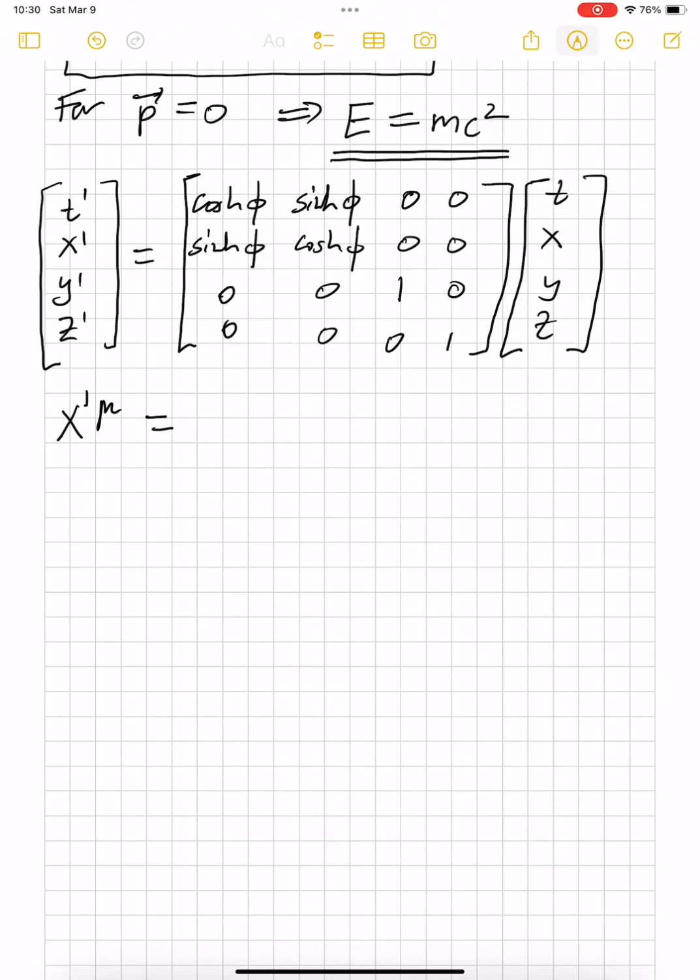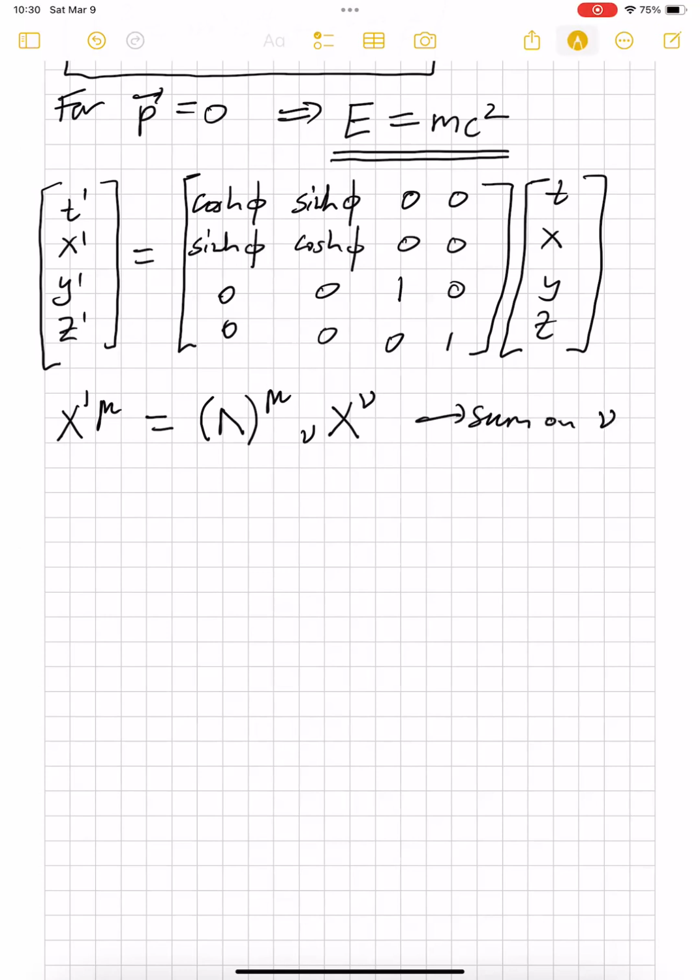So for example, t prime is equal to, and it's a sum of 4 things, it's cosh phi times t plus sinh phi times x plus naught times y plus naught times z. So the way that this is written, we write the matrix as lambda mu upper, nu downstairs, and then we've got x nu. So by the Einstein summation convention, we should sum on nu.